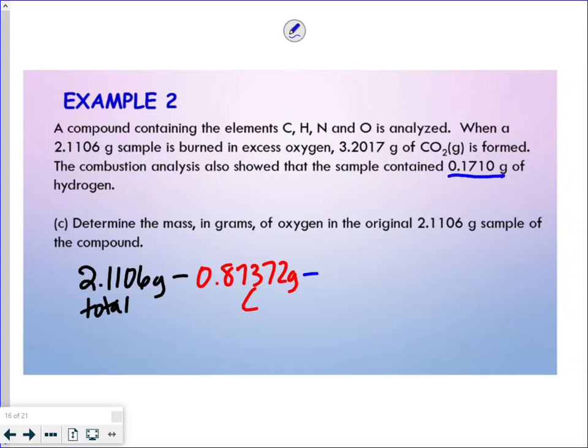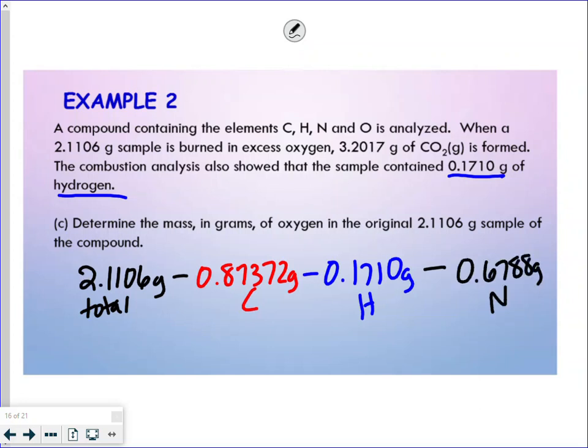Subtract out our hydrogen, which they gave us up here in the problem, 0.1710 grams, that's the hydrogen. And then last but not least, we're going to subtract out our gram for the nitrogen. So that's going to give us our total for our oxygen.